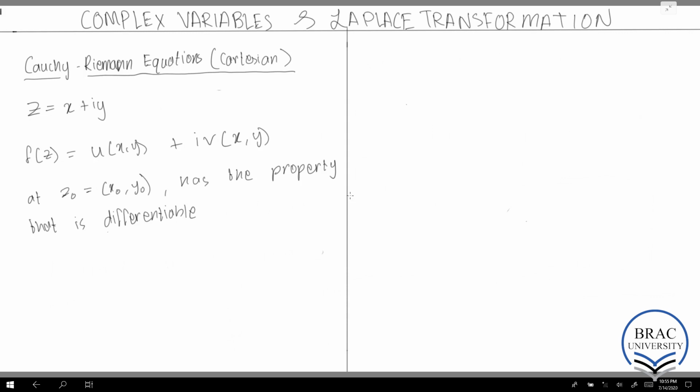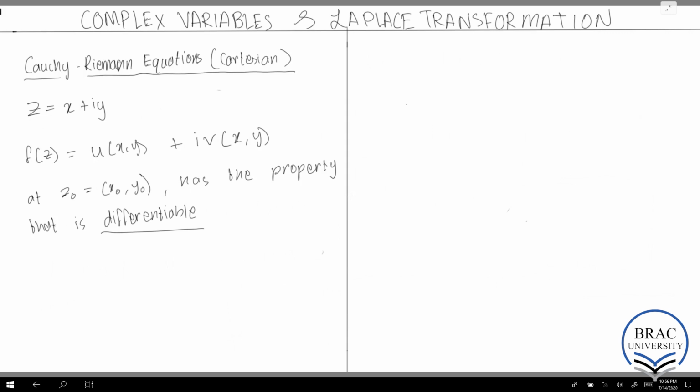I repeat, the function f at z naught is differentiable. We shall express f prime of z naught in terms of the partial derivatives, and that's how we're going to derive the Cauchy-Riemann equations.